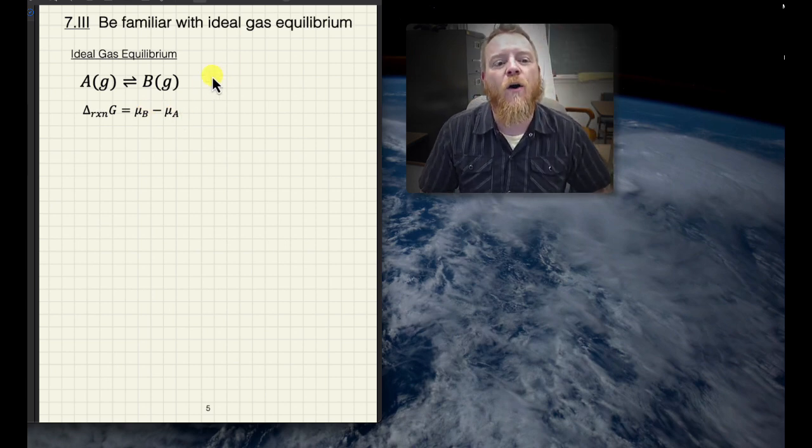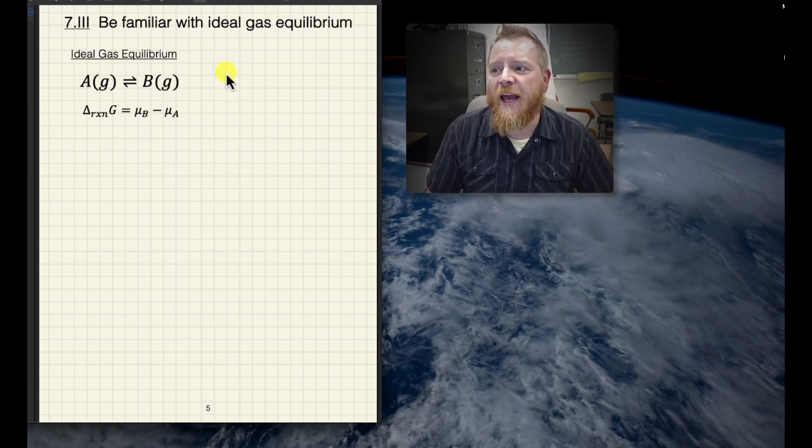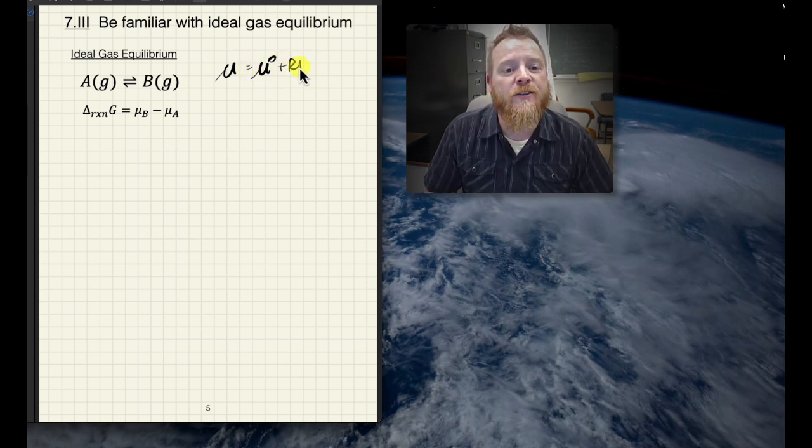And if you recall from our previous sections, we came up with an expression for the chemical potential of an ideal gas as the following. Chemical potential equals the chemical potential of some reference value plus RT times natural log.